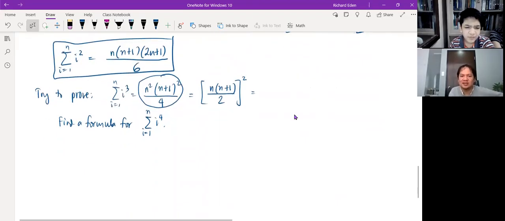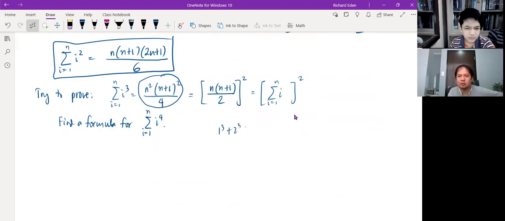So in fact, this is the square of the sum of i as i runs from 1 to n. In other words, if you look at the sum of the first n cubes, 1 cubed plus 2 cubed plus ... plus n cubed, this is coincidentally the square of 1 plus 2 plus ... plus n. Rather fascinating, at least as far as I'm concerned.